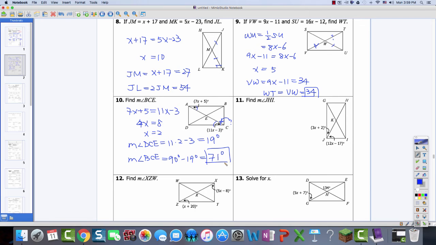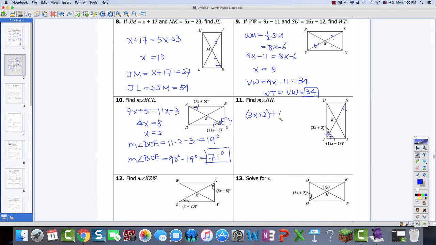Okay. Number 11, we're asked to find angle measure for JHI, which is right here. So how do we do this one? We're given this part of the angle with an x variable, and this part of the angle with a variable. We also know that these two angles add up together to give me 90 degrees.